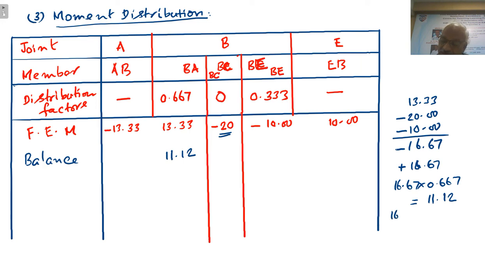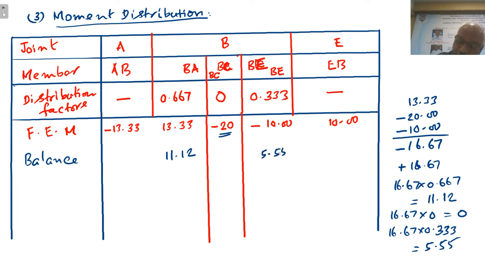For the member BC, it is 16.67 into 0 equal to 0. For the member BE, it is 16.67 into 0.333 equal to 5.55. This is to be applied to this member, 5.55. And here it is 0. So that is what is balancing.